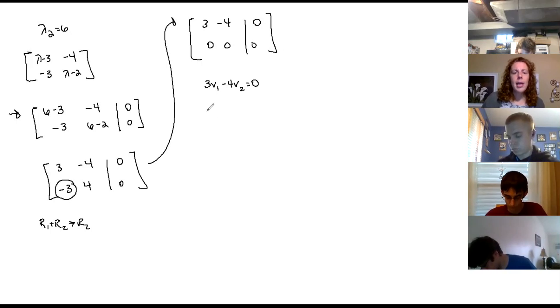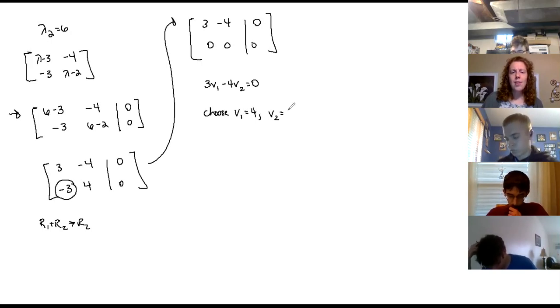Okay. And we can choose, I would like to avoid fractions. So let's choose V1 to be equal to 4, and then V2 has to be equal to 3. There's nothing wrong with choosing V1 equals 1, but then I'm going to have fractions and I would rather avoid those.